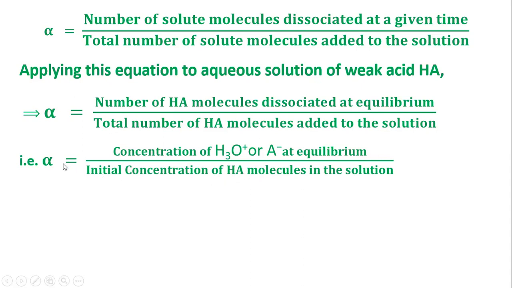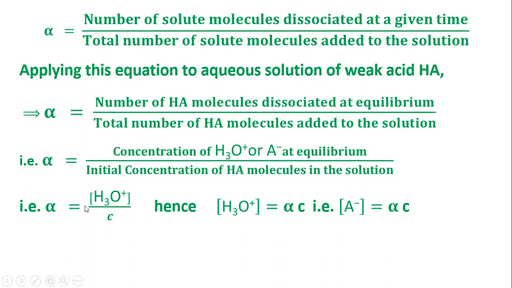So alpha can be equal to the concentration of HA molecules dissociated, which is nothing but the concentration of H3O plus or A minus ions, which are generated or which are present in the solution at the stage of equilibrium. And the total number of HA molecules added to the solution is nothing but the initial concentration of HA molecules in the solution.